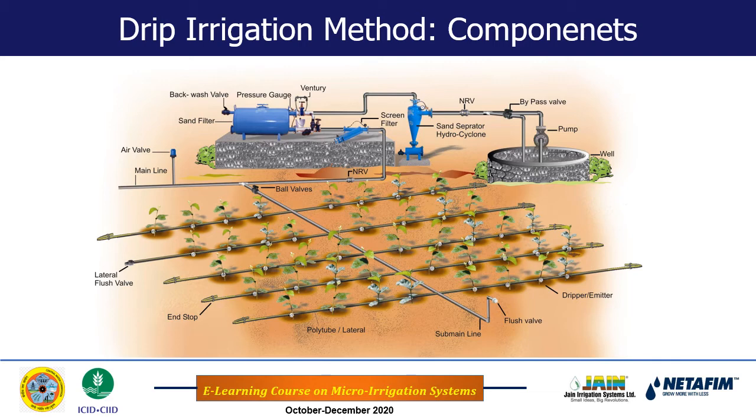There is one diaphragm kind of arrangement. Because of that arrangement, if pressure is varied in certain range, the discharge will be same. Okay, if the rated discharge of the emitter is 4 liter per hour, and if you consider this lateral which is having 100 meter length, so if the pressure here is 10 meter and at the end if it is 6 meter, then within that pressure range you will get 4 liter per hour discharge only.